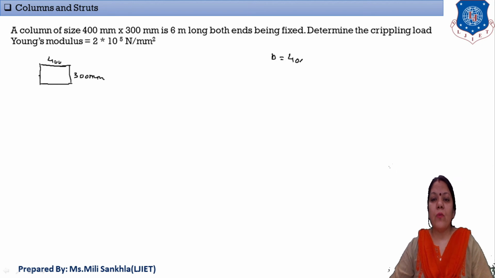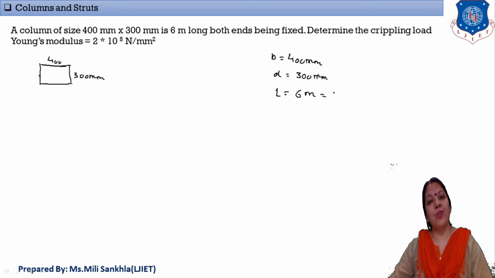B is given as 400 mm, D is given as 300 mm, and L is given as 6 meters. So L is equal to 6 meters, and 1 meter is equal to 1000 mm, so 6 meters is equal to 6000 mm.